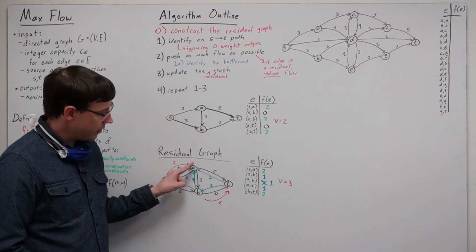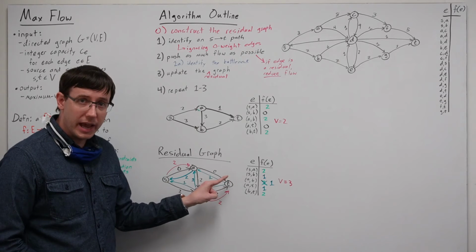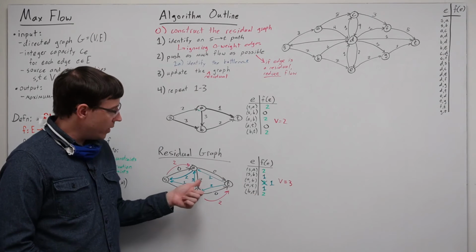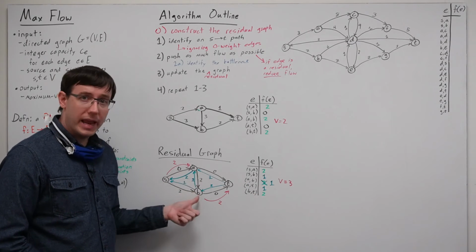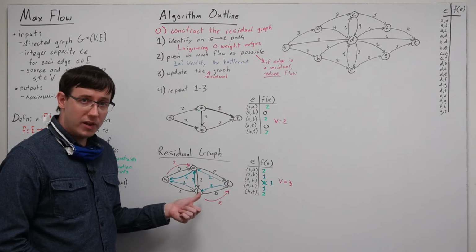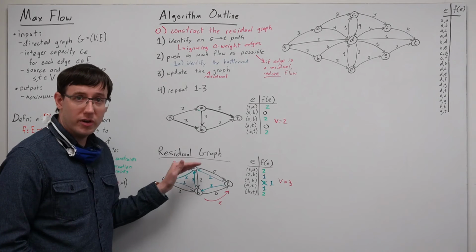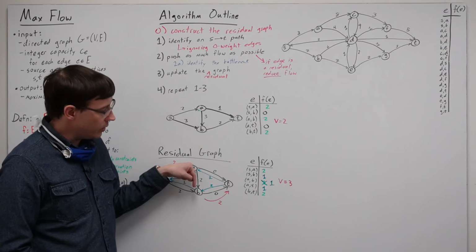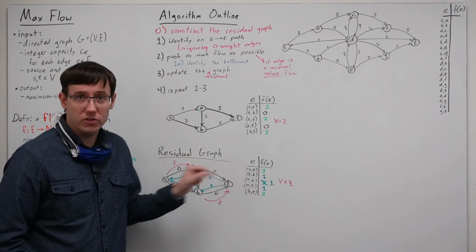So our path included the A to T edge, meaning we were adding flow to that edge, but when we subtracted flow from the A to B edge, we were saying redirect the flow that was previously coming into A and going out through B to instead go out towards T.